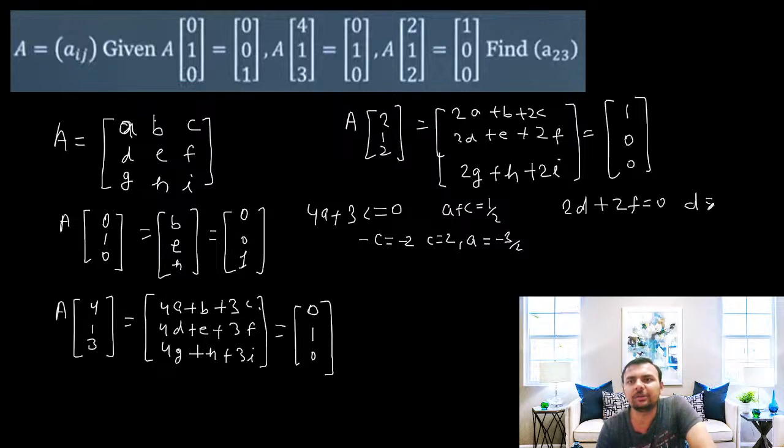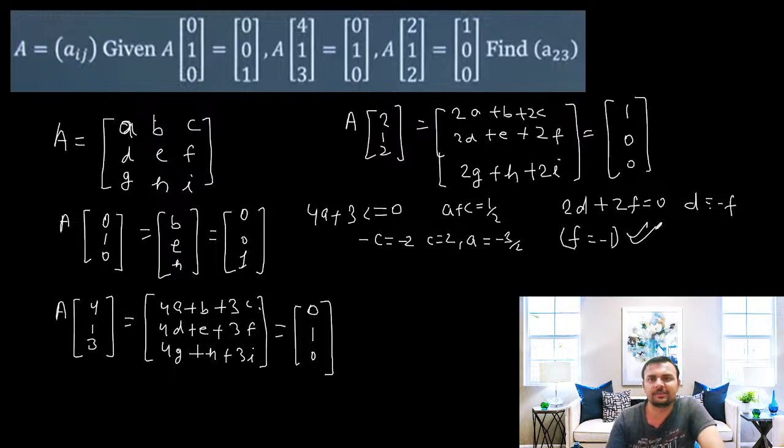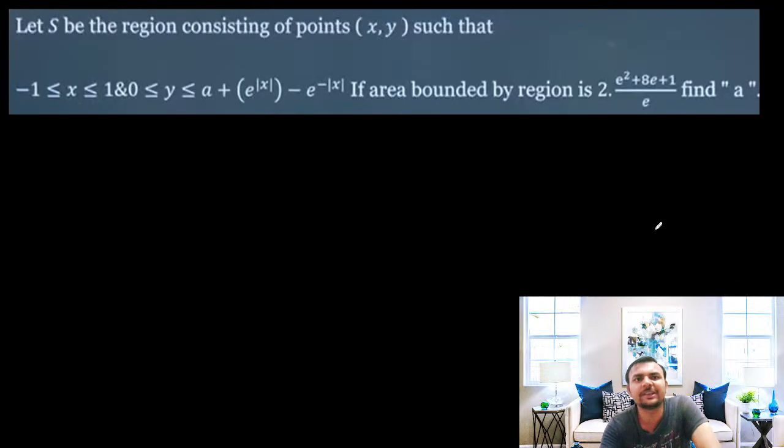So D equal to minus F. So E is 0, D equal to minus F. That means minus 4D plus 3F is minus F. So F equal to minus 1. So this is the answer. So simple previous year question, a bit calculative. Yes.